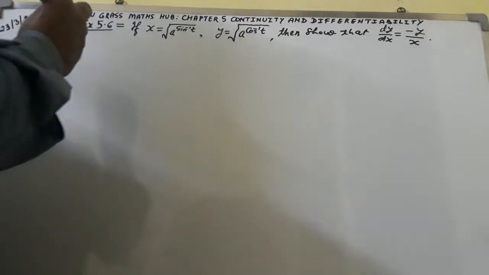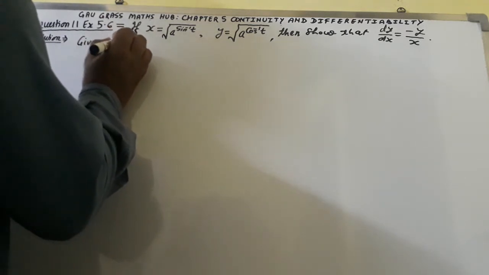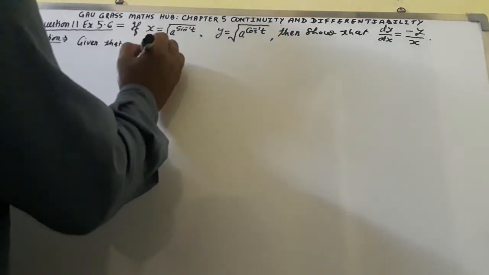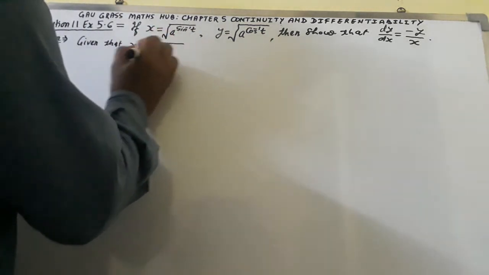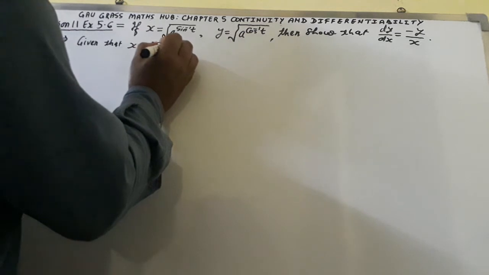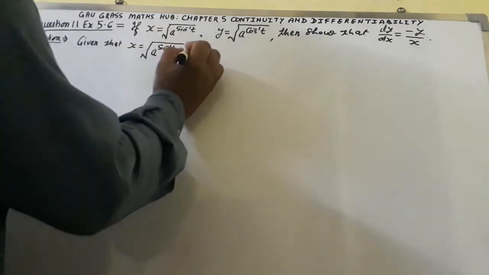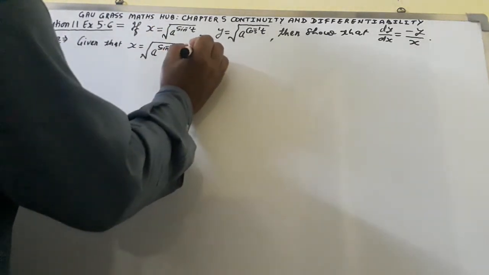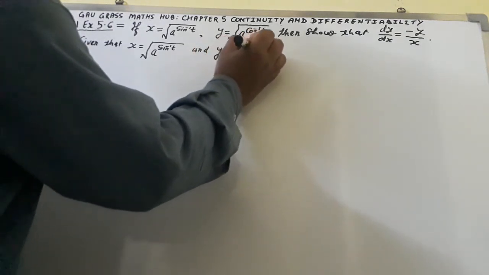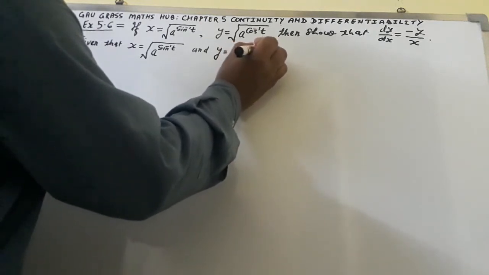Here I shall write given that x equal to under root a raised to the power sin inverse t and y equal to under root a raised to the power cos inverse t.